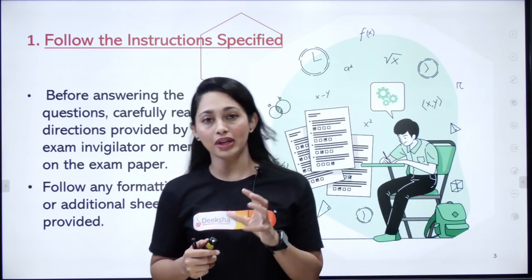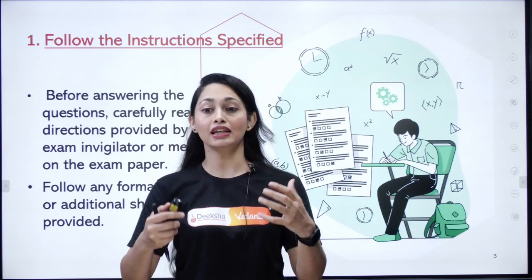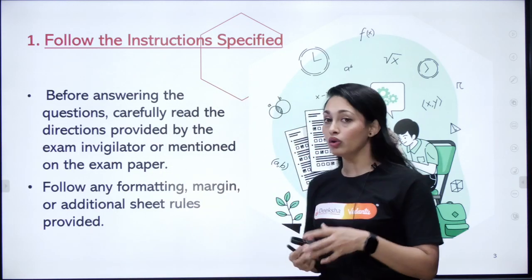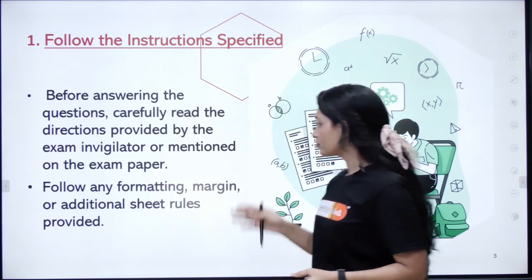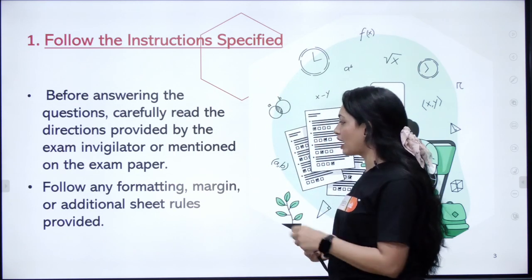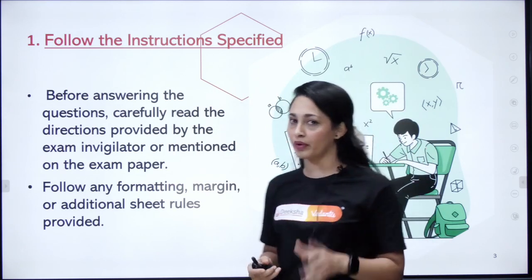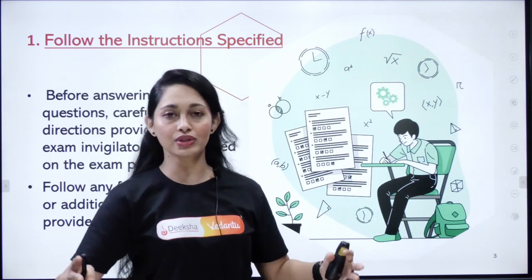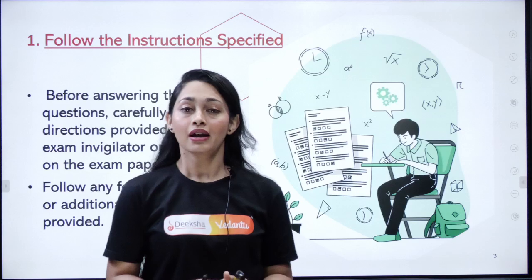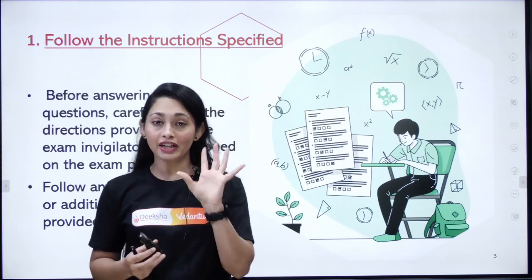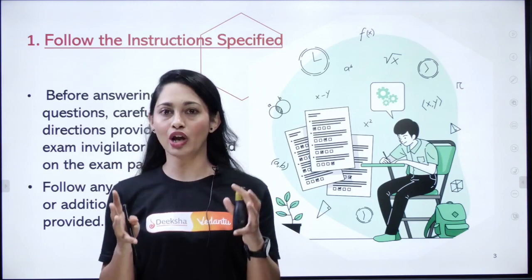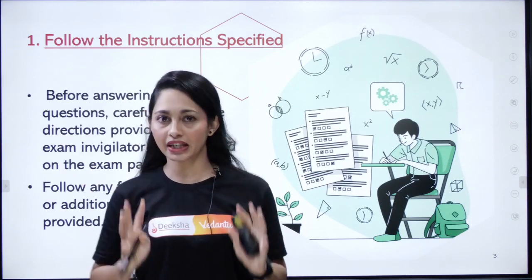Your invigilator might tell you a couple of points, so remember to focus on that. Follow any formatting, margin or additional sheet rules provided. If they are going to give you an additional sheet, you can use as much space as you want. But if they are not going to provide one, you have to be frugal and stick to the paper that's been given.